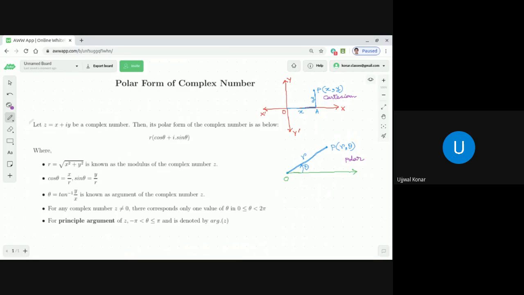If you see, dear students, let z = x + iy be a complex number. Then its polar form is as below. What is that? It is r(cos theta + i sin theta). So z = x + iy is equal to r(cos theta + i sin theta).